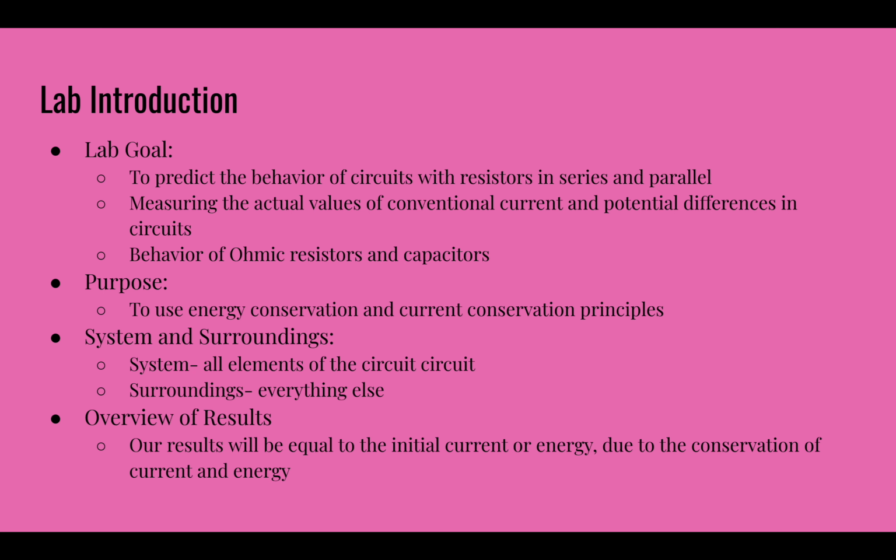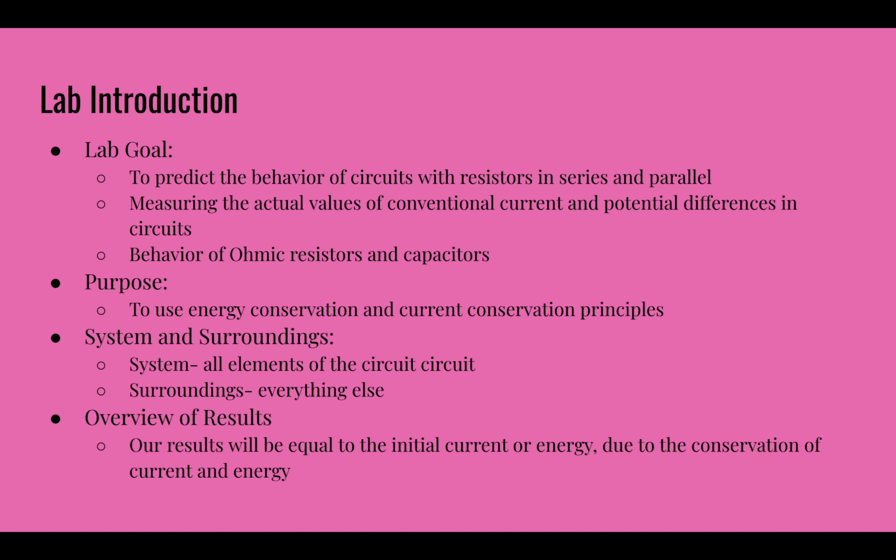To introduce us to the lab, the overall goal here is to predict the behavior of circuits with resistors in series and in parallel, and to measure the actual values of conventional current and potential differences in a circuit, as well as the behavior of ohmic resistors and capacitors. The purpose here is to use energy conservation and current conservation principles in building a circuit.